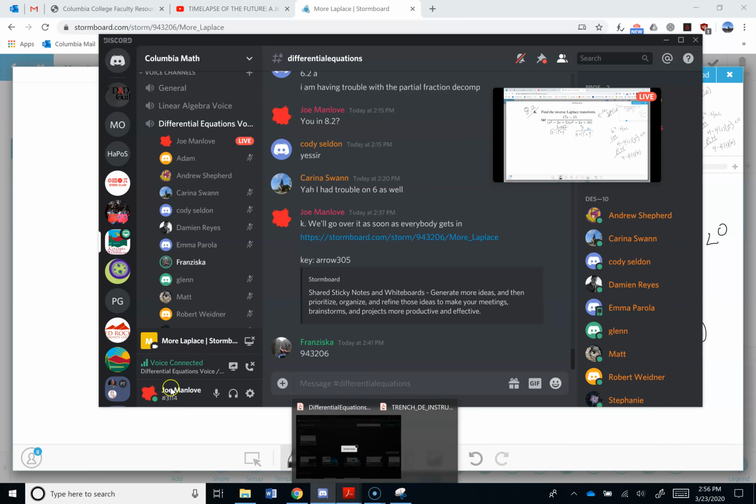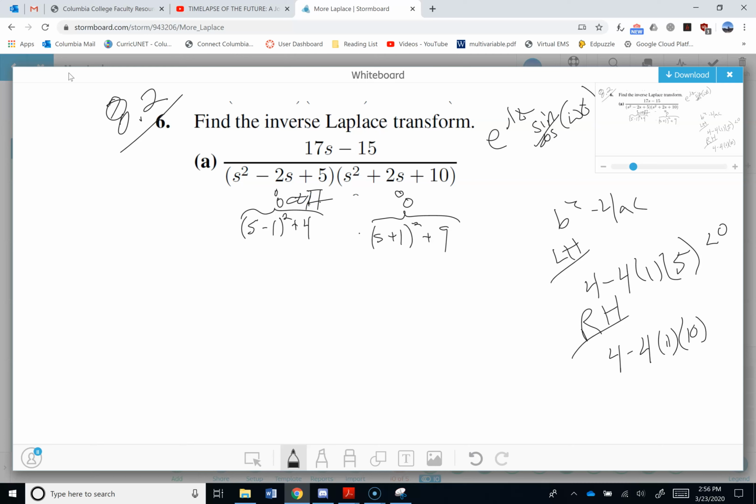Okay, so at any rate, I'm thinking about these sines and cosines, maybe with e to the lambda t things. And those two lines look like s minus lambda over s minus lambda squared plus omega squared, that's the cosine one.